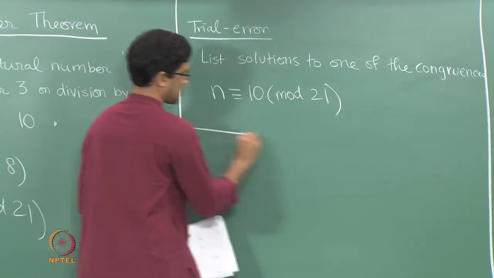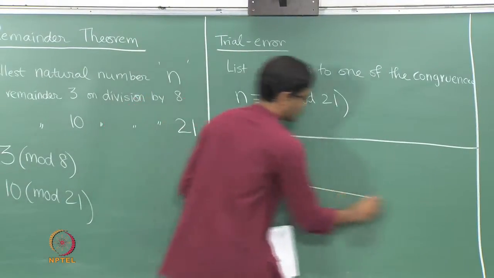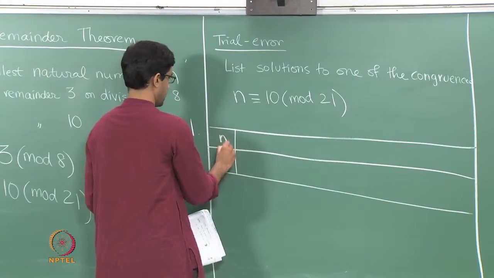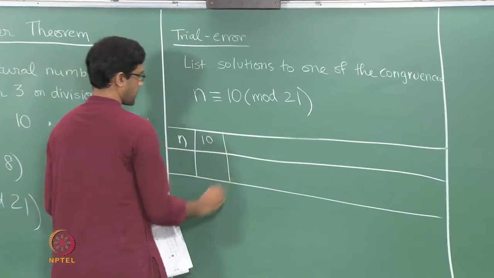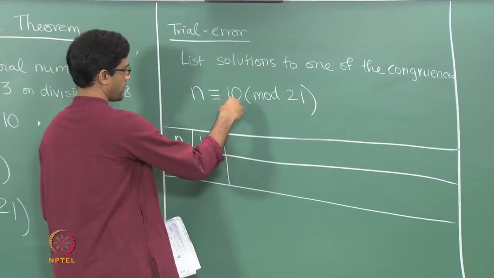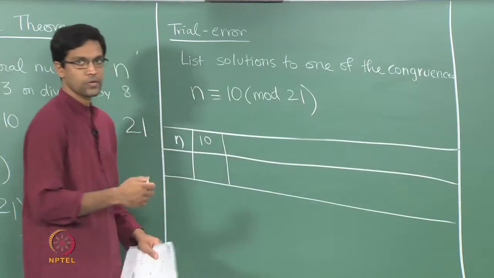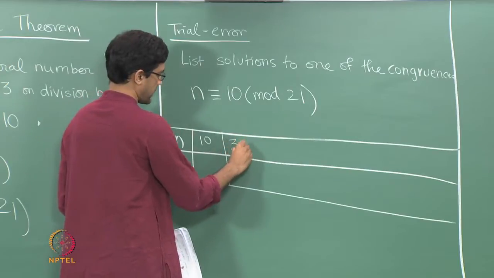So recall from last time, this just means the following, that so let me write down some values of n here. So I'm only looking for natural numbers, so n equals 10 is one possibility. And then since it needs to be congruent to 10 mod 21, all you need to do to get the rest of the solutions is to keep adding multiples of 21. So I have 10, I add 21 to it, I get 31.